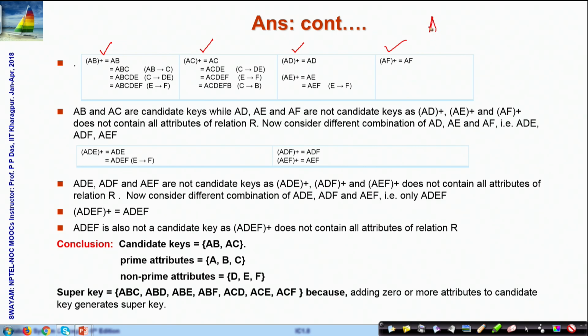So, just for reference, my functional dependencies are: A B determines C, C determines D, E determines F, and C determines B. Let me just check.